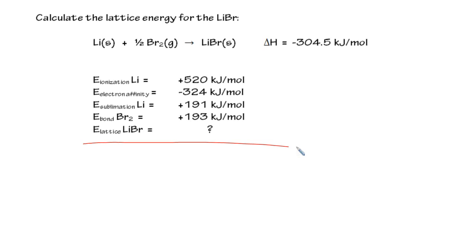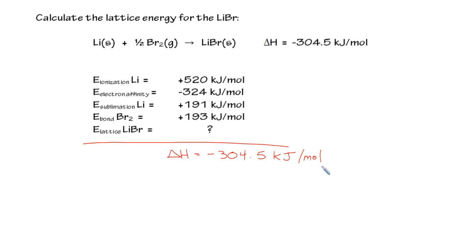So when all this takes place, delta H is negative 304.5 kilojoules per mole. That's kind of what that delta H value represents.